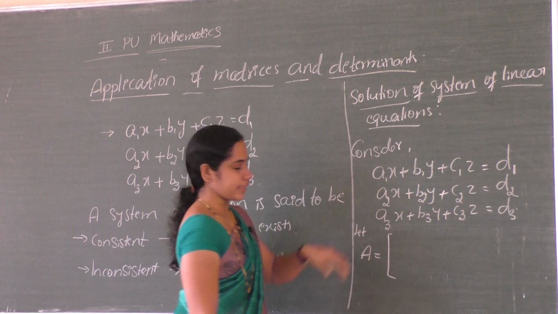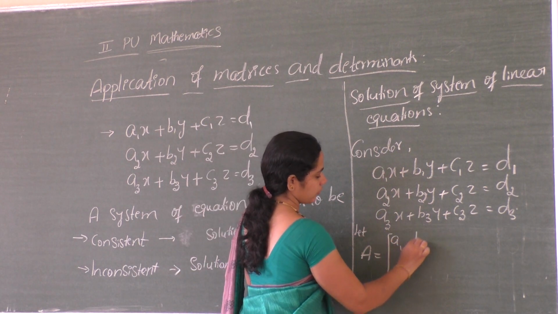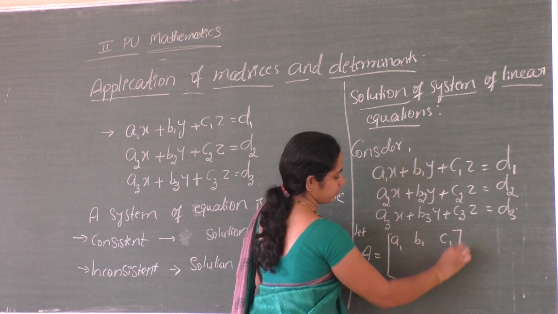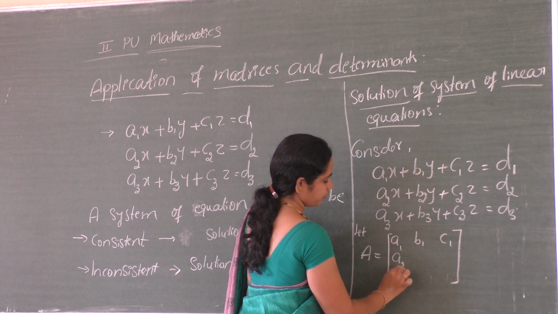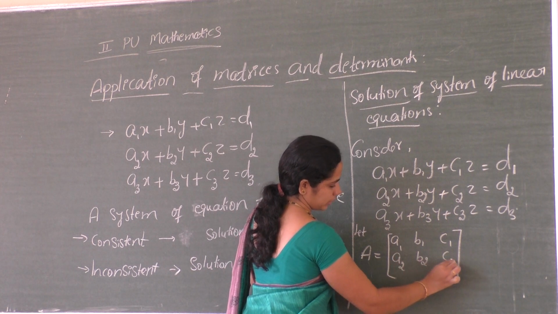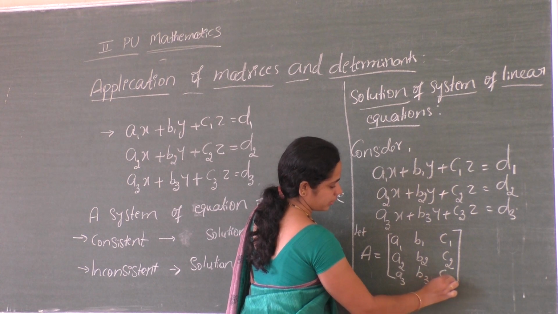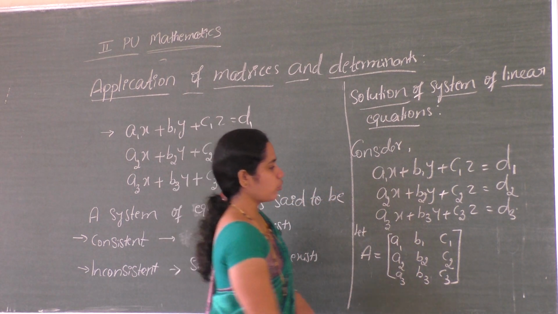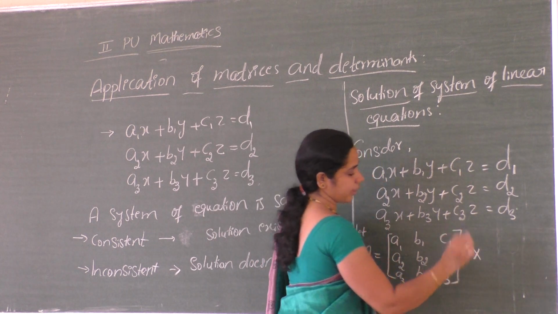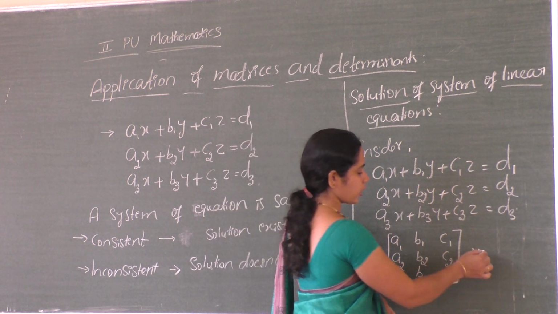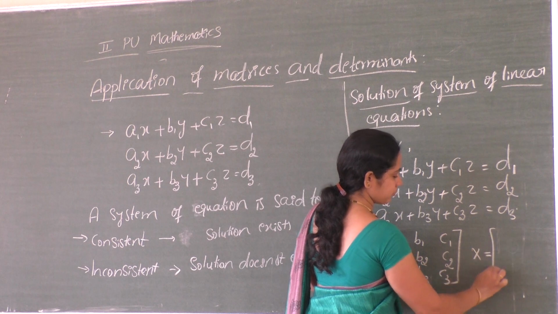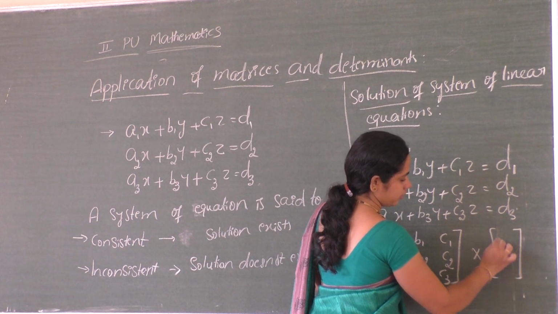Coefficients of x, y, z: A1, B1, C1, A2, B2, C2, A3, B3, C3. Now the unknowns can be taken as matrix X. This is capital X. What are the unknowns here?